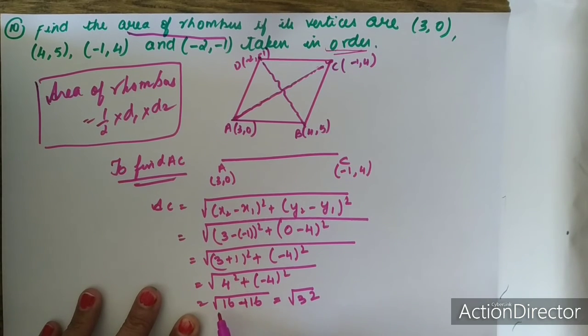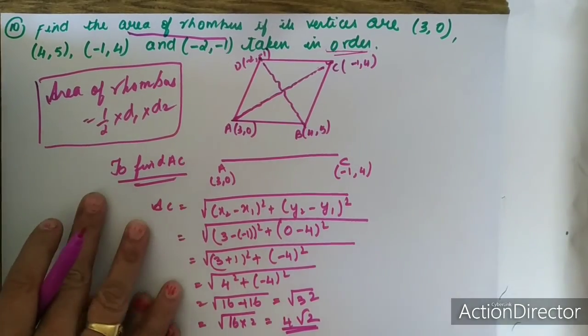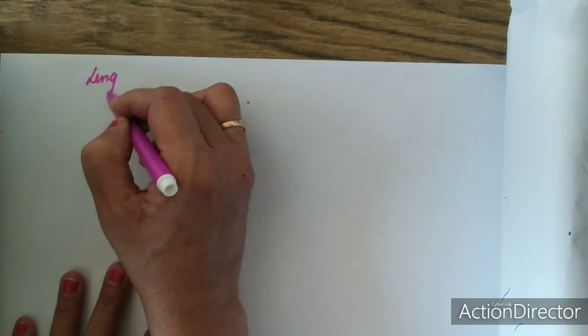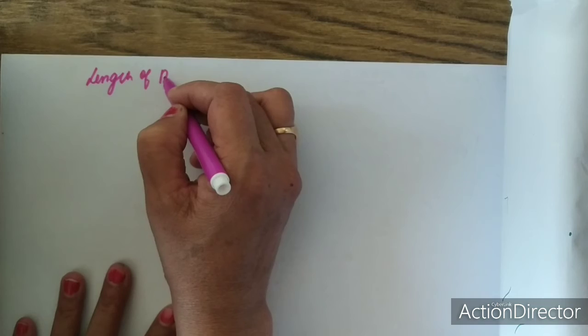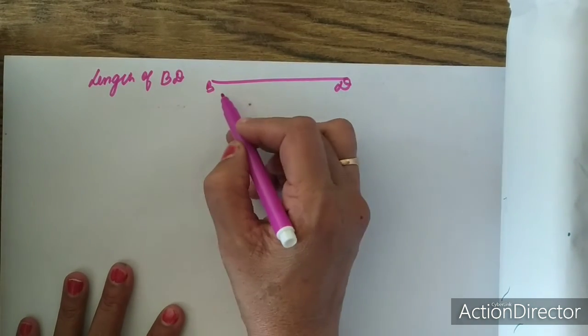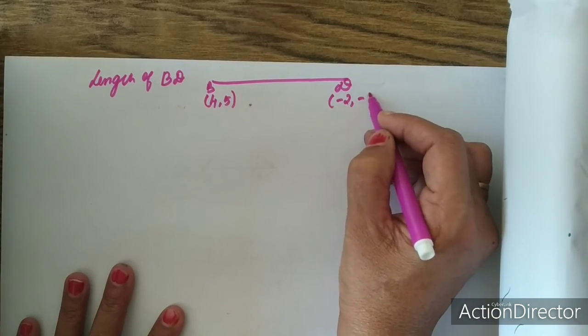Root 32 can be written as 16 into 2, which is nothing but 4 root 2 units. Now let us find the length of BD. Let us draw the figure of BD. B is (4, 5) and D is (-2, -1).